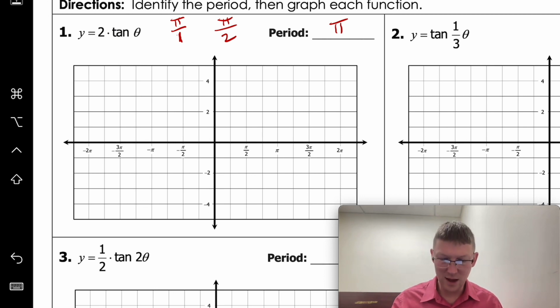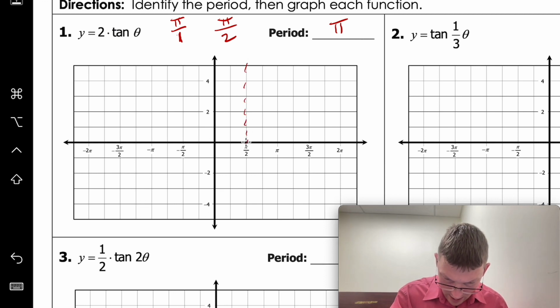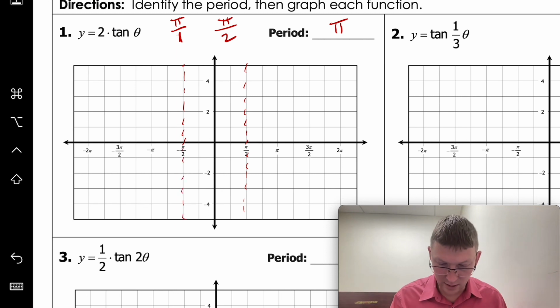So that means we're going to have an asymptote at pi over 2. I'm going to draw a dotted line there, and then negative pi over 2. And then from there, it just repeats periodically. So like there's 1, 2, 3, 4.